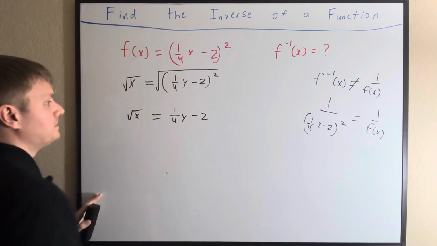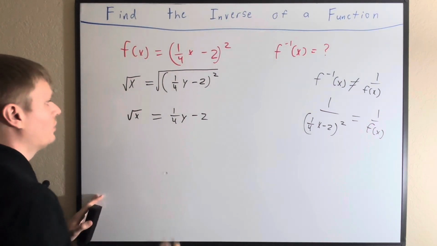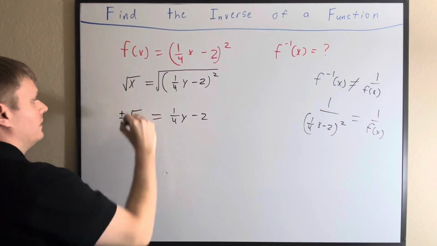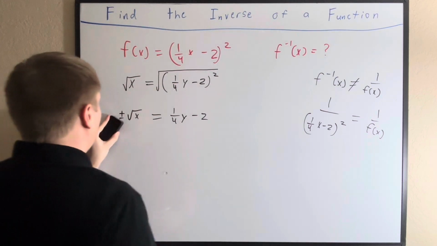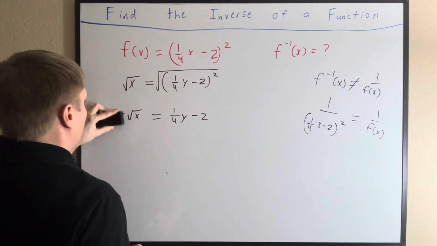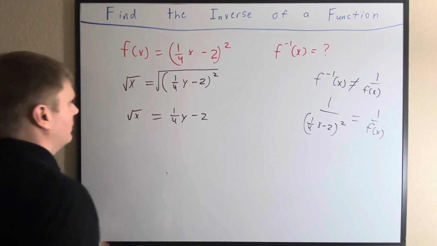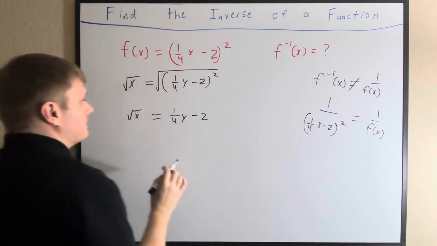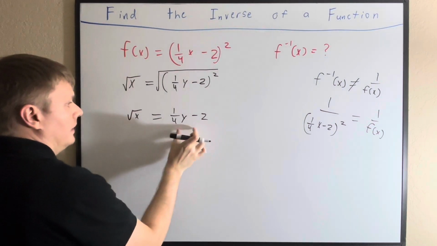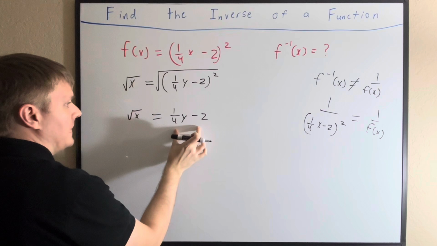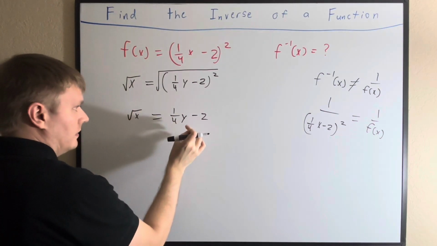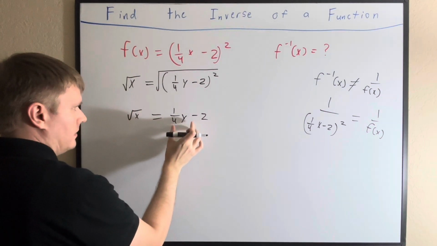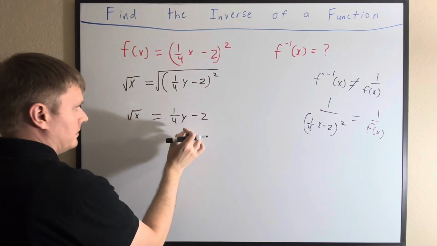Square root of x. Normally you'd be plus or minus, but we're just going to assume everything's positive here. Now, what do we do?